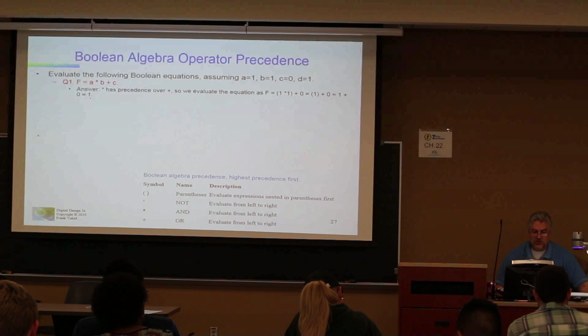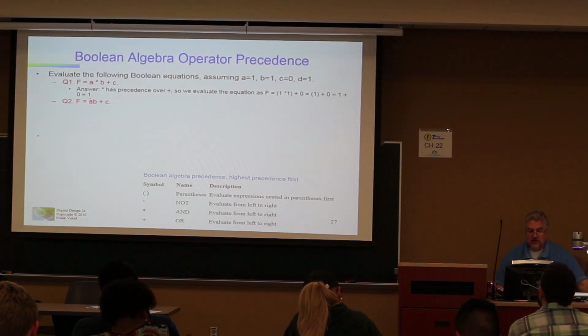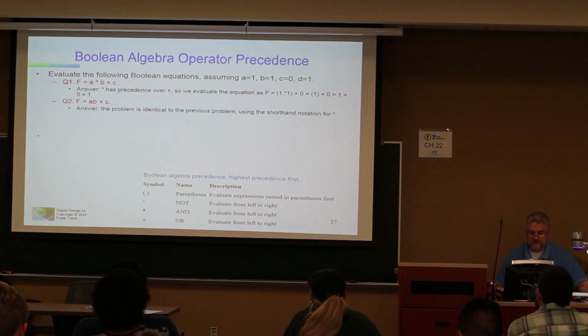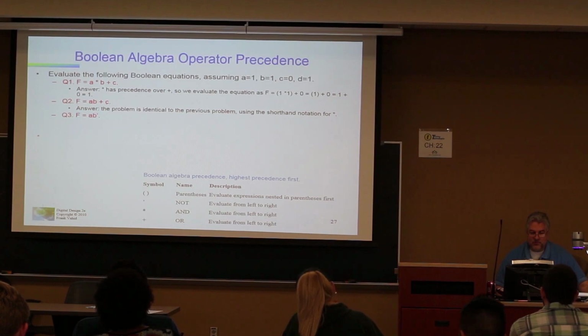All right, let's look at this. Oh, and is this the same thing? Oh yeah, remember I said you don't need to put what looks like the multiply sign there. This would be A and B or C. Identical. What about this one?